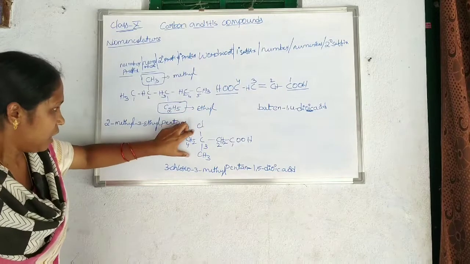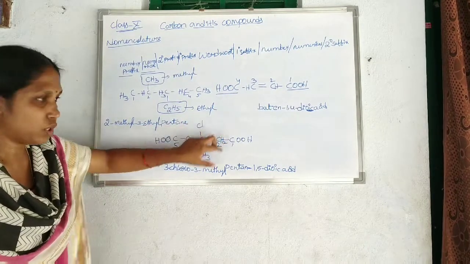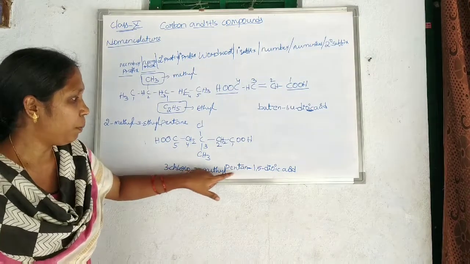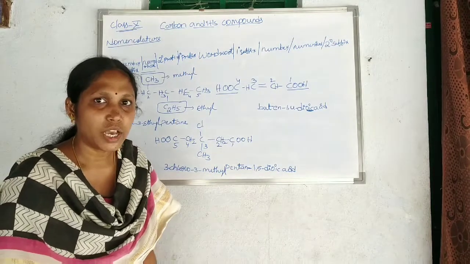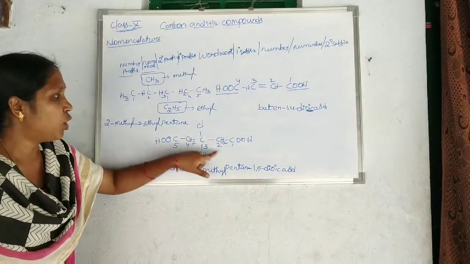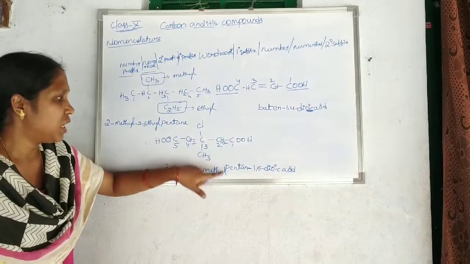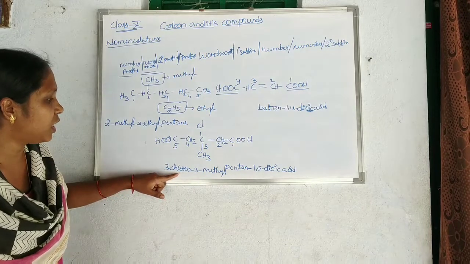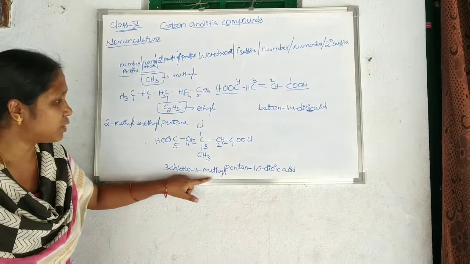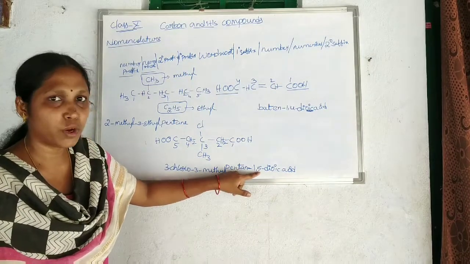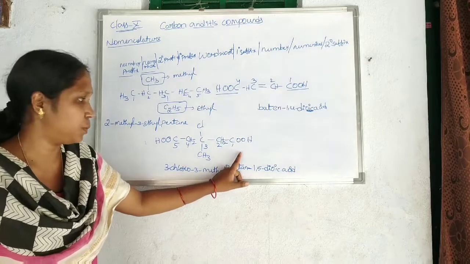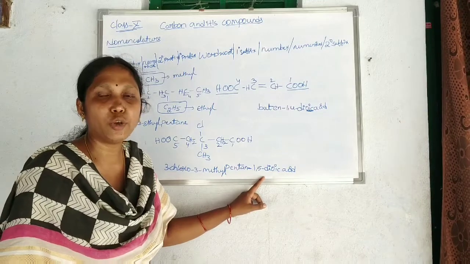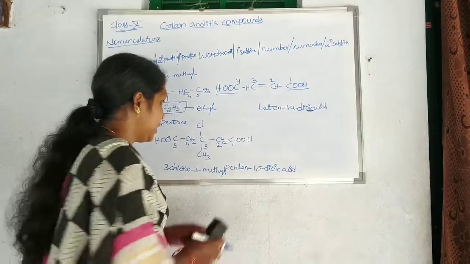So what is the name of the molecule? 3 chloro, 3 methyl pentane 1, 5 dioic acid. Pent means the molecule is made up of 5 carbons, and it has two substituents on the third carbon: a chlorine group and also a methyl group. And the first carbon and fifth carbon are nothing but the carboxylic acid groups. So that's why we write 3 chloro, 3 methyl pentane 1, 5 dioic acid.